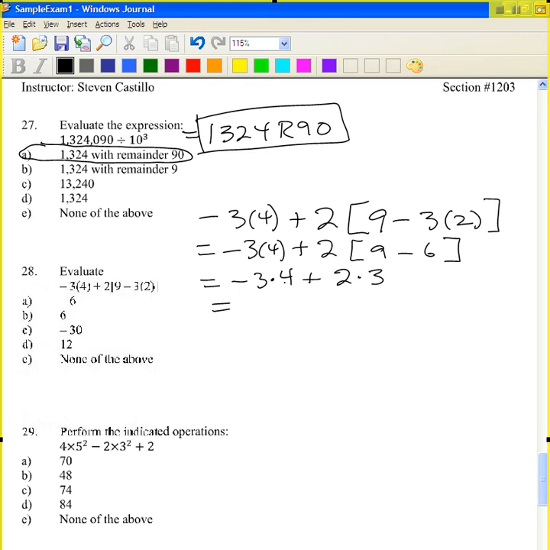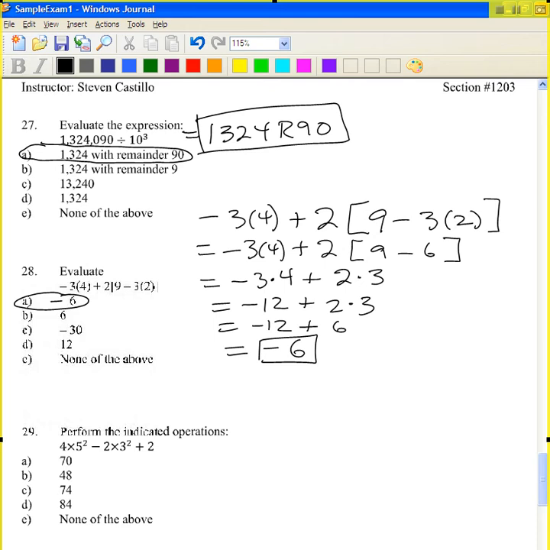And so negative 3 times 4 is negative 12, plus 2 times 3. Next, I have addition, multiplication, so I do the multiplication next. Negative 12 plus 6 is negative 6. And so your answer is A, negative 6.